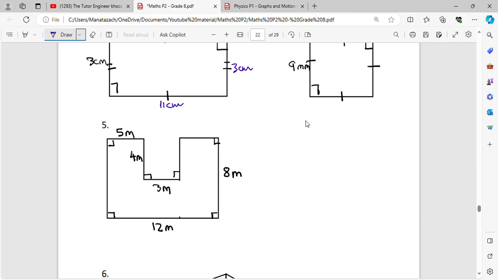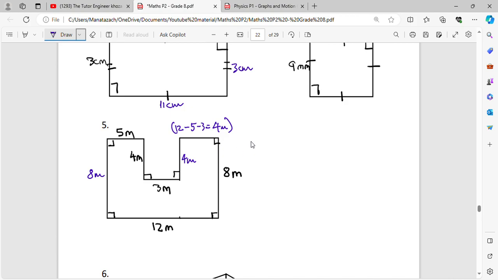And then for question 5, we first have to write the measurement of each side. This one is 8 meters, this one is 4 meters. The one there on top is 12 minus 5 minus 3, which is equal to 4. So that side is 4 meters.